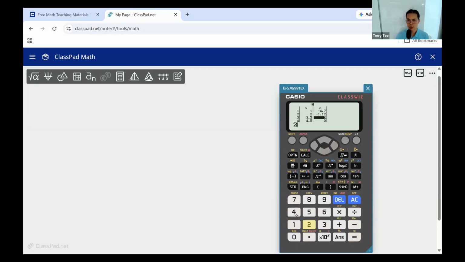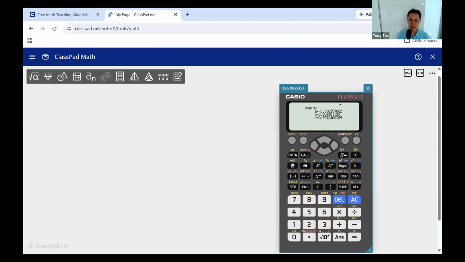Next, 2.41. After 2.41 is 5.60. After that, 8.6. After that, 12.2. Okay, I've got all my y values done. So next you press AC, go to option. Go to number 3 for regression calculator.